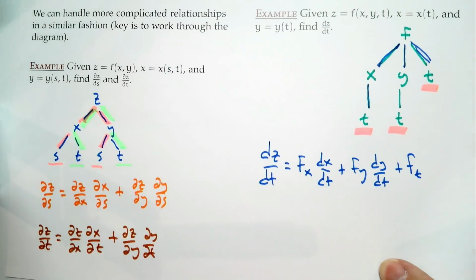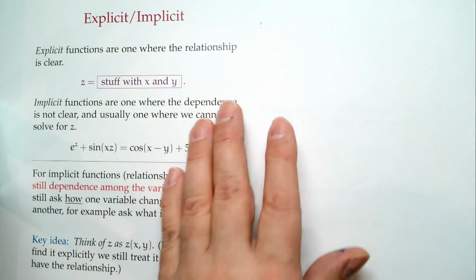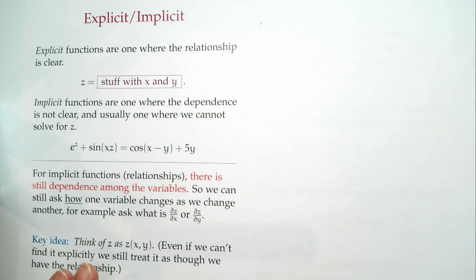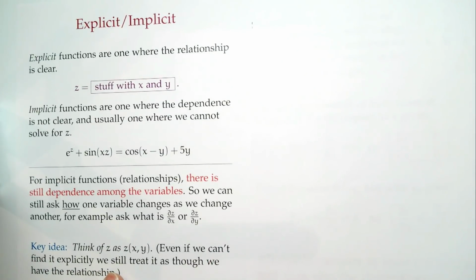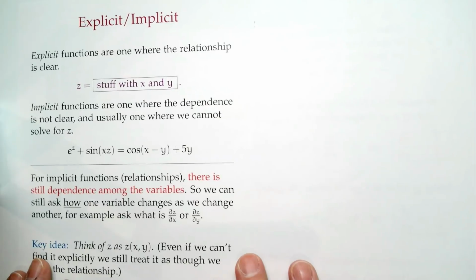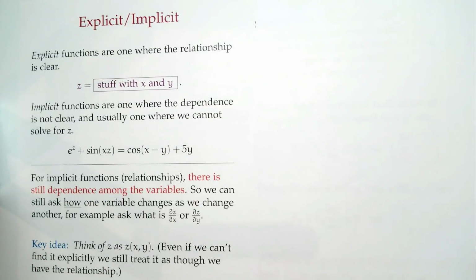All right. So it's time for us to get a little implicit, or maybe a little bit explicit. We're going to talk about explicit and implicit functions. Now, what is that? Well, explicit and implicit functions are really just another way of saying, how clearly defined is your function?